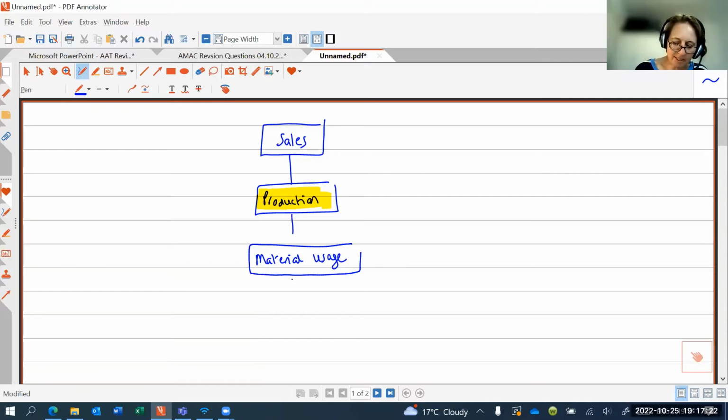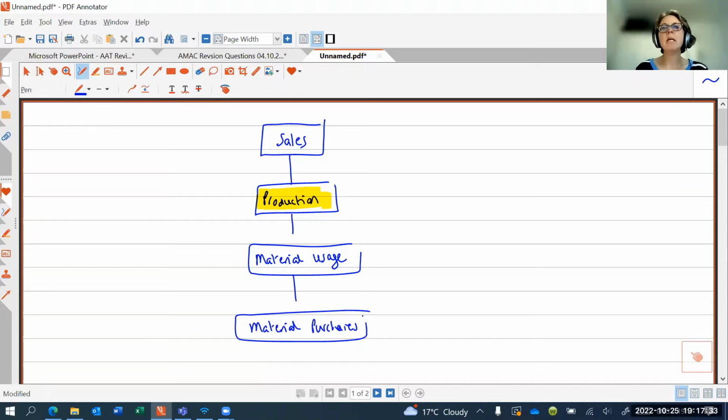And once I've done my material usage, only then can I go on to my material purchases budget. So I start with the material that I plan to use, and then I move into how much I'm planning to buy. But I need to know production first to work out the usage, and then usage will get me to purchases. So I'm drawing this just to demonstrate things have to be done in a very particular order.